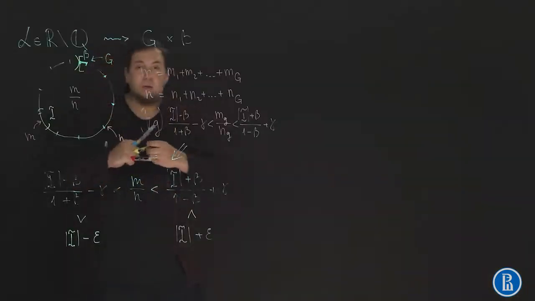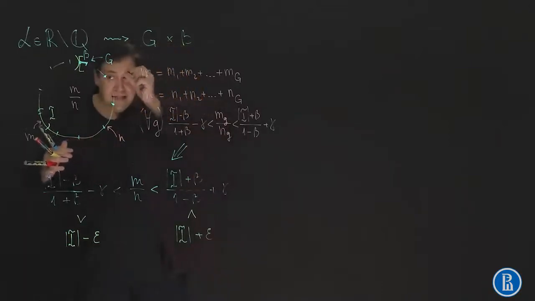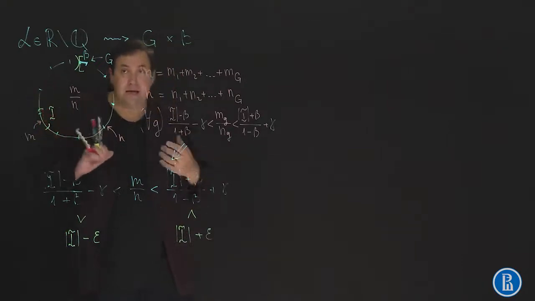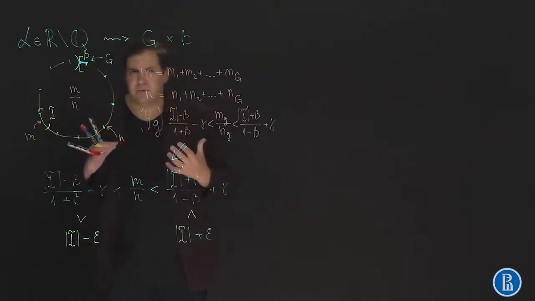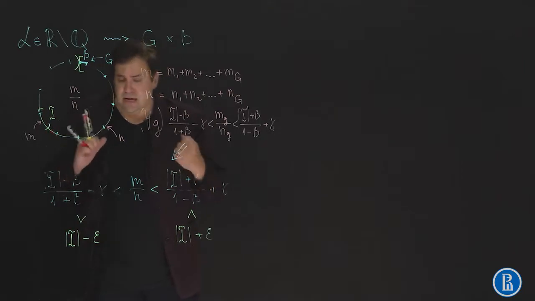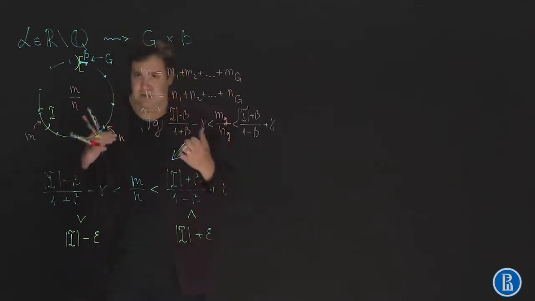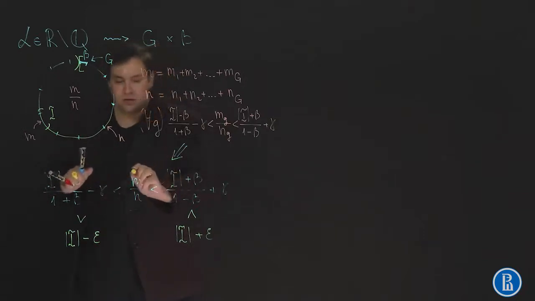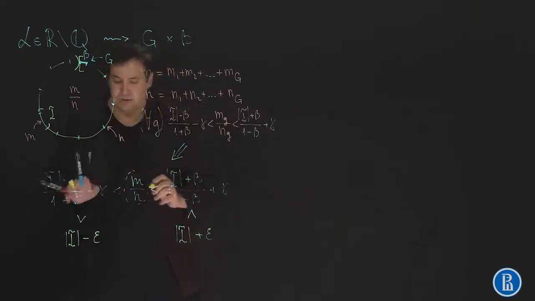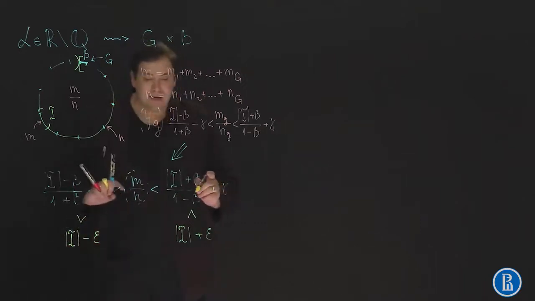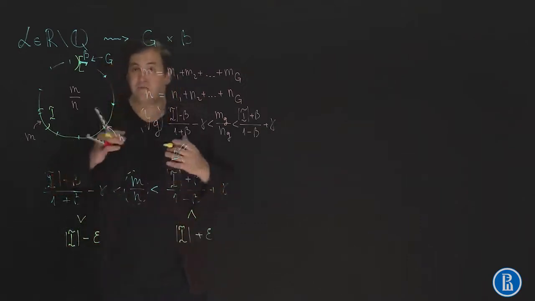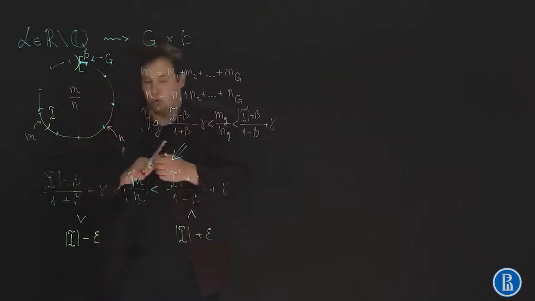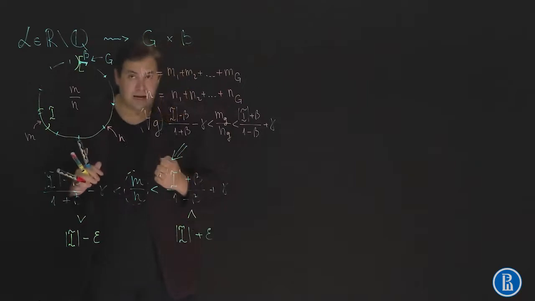Because what we wish to do is to prove that such fraction tends to length of I. This means, by definition of a limit, that for any positive epsilon, this fraction should be between length of I minus epsilon and length of I plus epsilon for sufficiently large n. So these inequalities should hold for sufficiently large n.